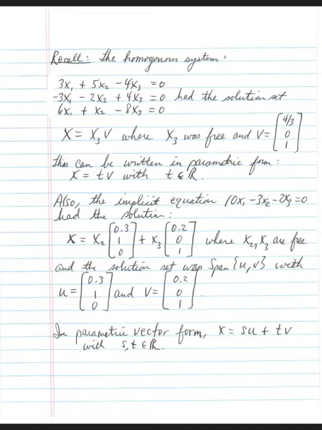But the span of those two vectors, if you were to write these in parametric form, your weights, x2 and x3, would be called, say, s and t. Vectors u and v, the span of those is your solution set, but any scalar multiple, where s and t are real numbers, that's just the parametric form, parametric vector form, that means the same thing.